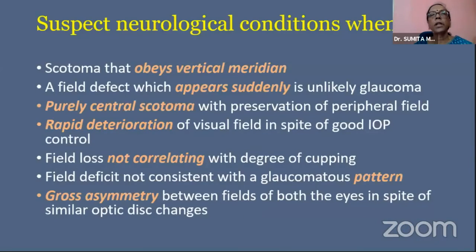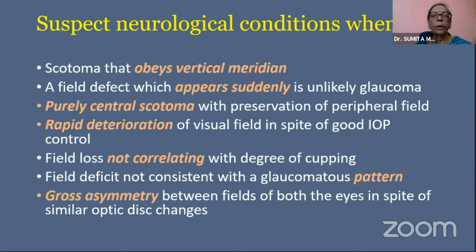So we have to suspect a neurological condition when the scotoma obeys the vertical midline, because glaucoma always obeys the horizontal midline due to the peculiar arrangement of the retinal nerve fibers. A field defect which appears suddenly is unlikely glaucoma, and a purely central scotoma with preservation of the peripheral field also gives a suspicion of a neurological condition.